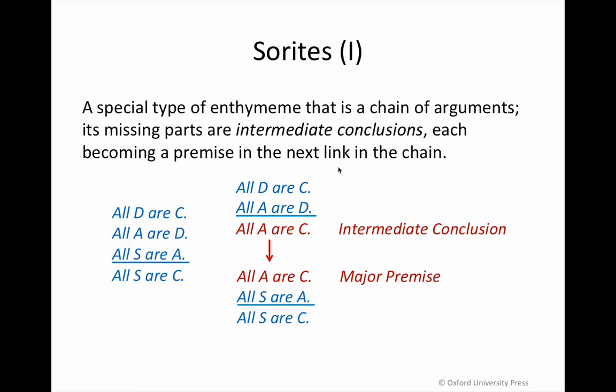So what we're going to want to do is look at the conclusion, which in this case is all S are C. We're going to find in the premises the major term. That is going to be our major premise. And then the next premise is going to be the minor premise.